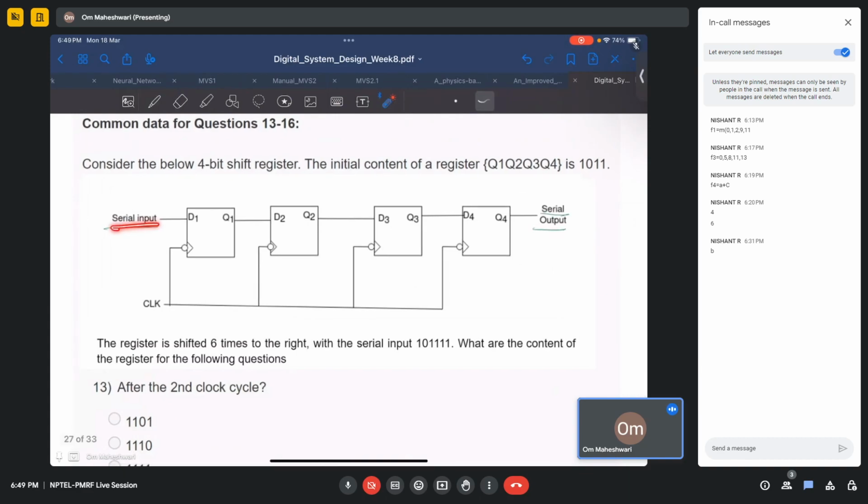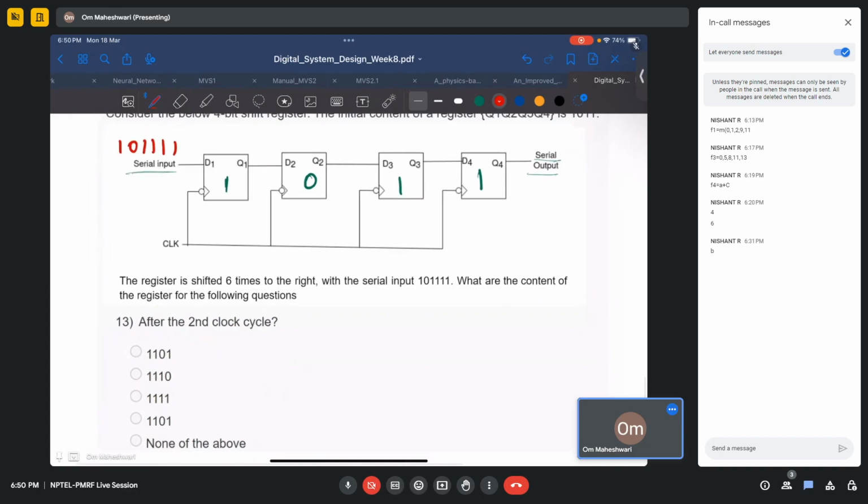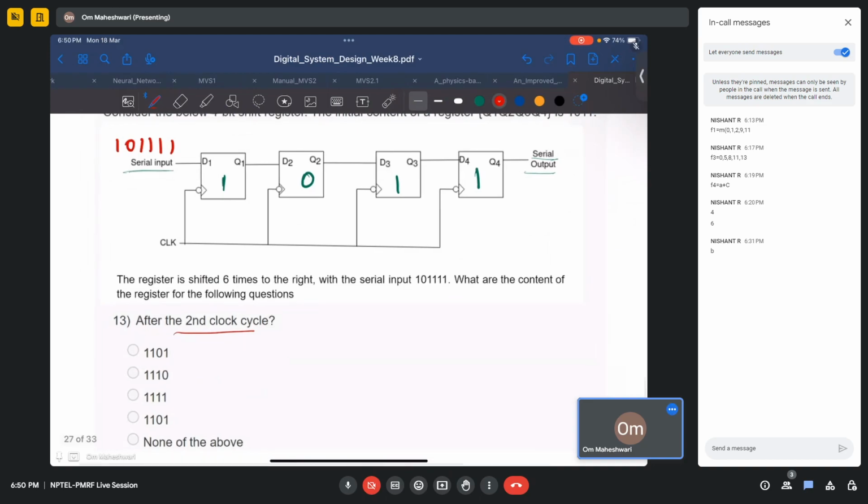In this SISO register, you have already stored 1011, and the next inputs to be processed are 101111. The question is, after the second clock cycle, what is in the register?